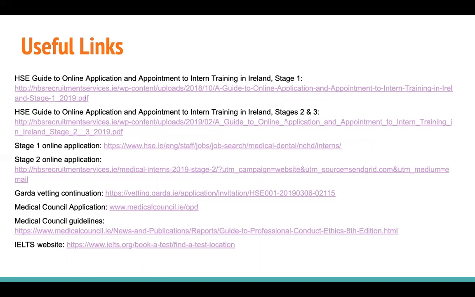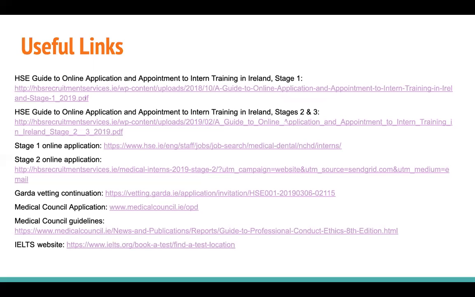Yeah, these are just some useful links that I've added in for you guys, and again, resources and books and whatnot. For stage 1 applicants, there's a lot of information on the HSE website in regards to the application process. Like I said, I'm still only going through it myself at the moment, and the only information I did get is from alumni and very few people that did manage to or bother to apply to Ireland.